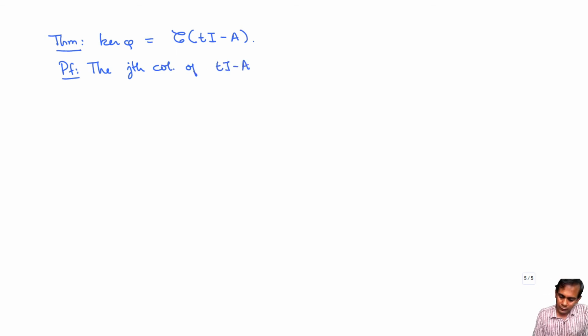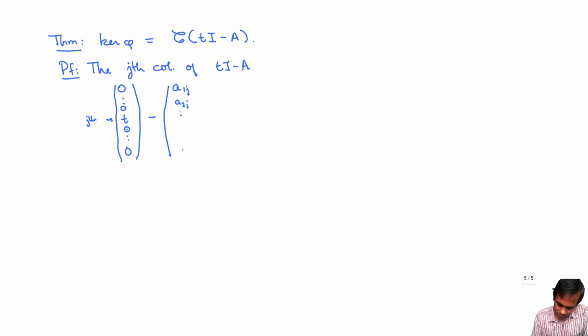If you think about it, you have t times I, so its jth column is 0, 0, 0, and then there's a t in the jth place, and then again it's zeros. So there's zeros everywhere except a t in the jth place. And then you have to take minus A. So that's just the jth column of A: a_1j, a_2j, up to a_nj.